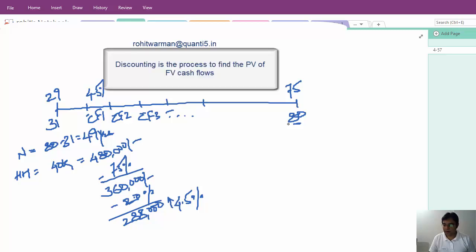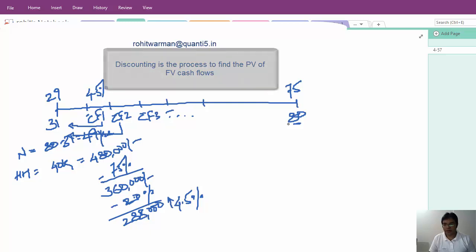Once we have the future cash flows, we have to discount them, that is, bring them back to age 29 or 31, or in general the 0th year. This is known as discounting.